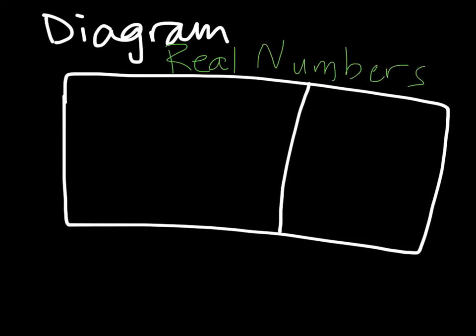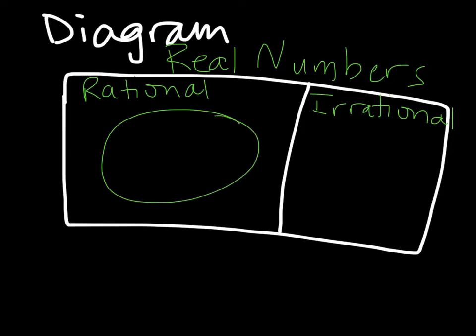And then we divide them into rational and irrational. So a number can only be one of those two things. And then if it's rational, it can be a couple different things. A group of rational numbers are our integers. And then within our integers, we have our whole numbers.